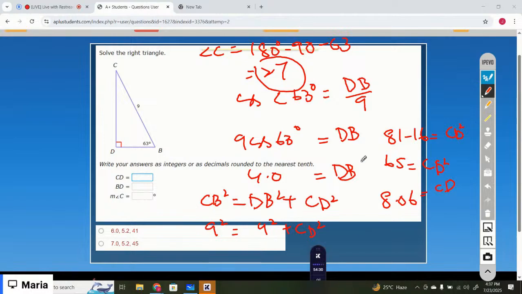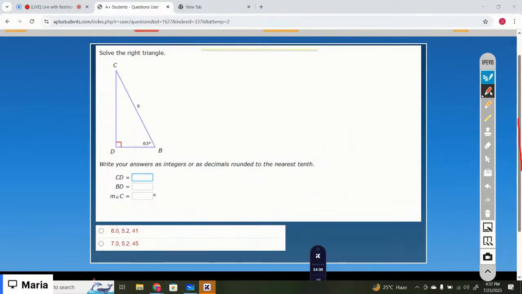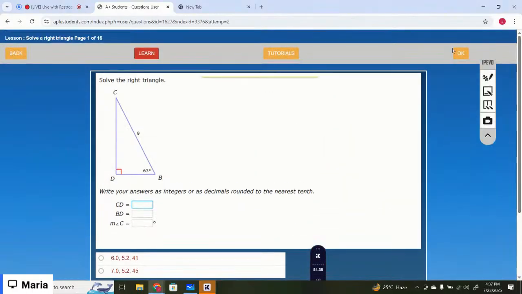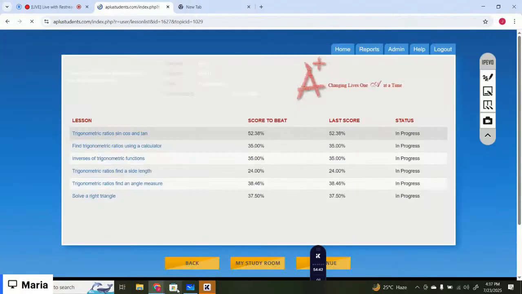Okay, so we were working on grade 9 math. The chapter we were working on is trigonometry.